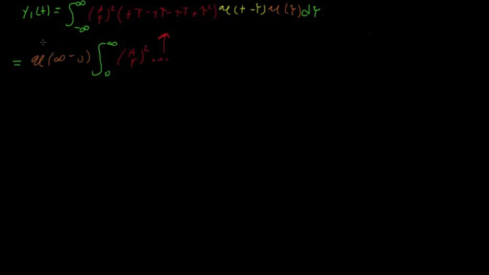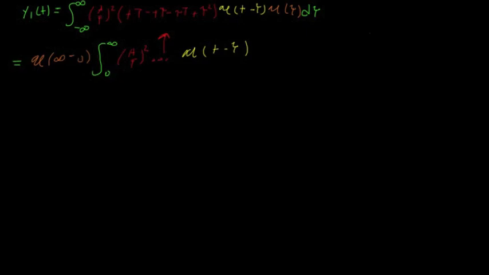What we'll be left with is just u of t minus tau. Now, u of infinity is just equal to 1.